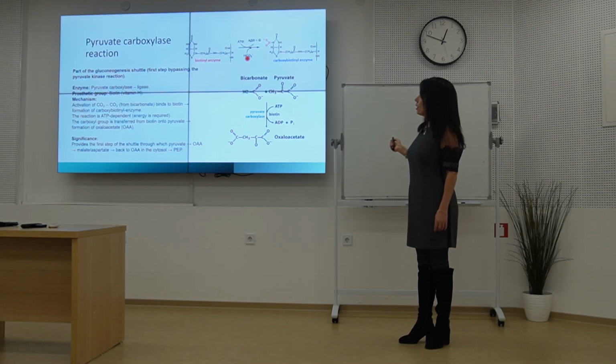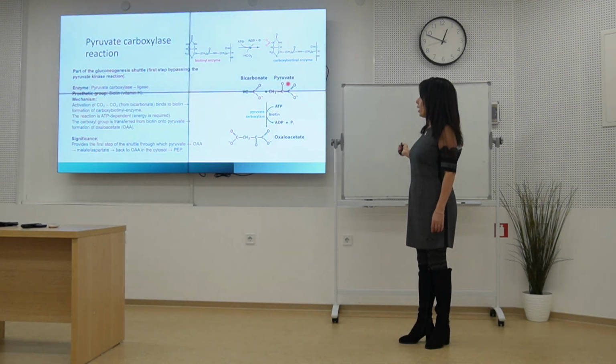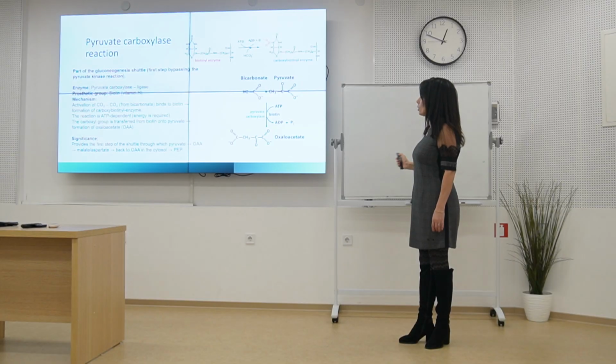After contact with carbon dioxide, the next form of the enzyme is formed, called carboxybiotin enzyme. After that starts the reaction with transfer of this carboxyl group to the substrate, which is pyruvate, to produce the product called oxaloacetate.